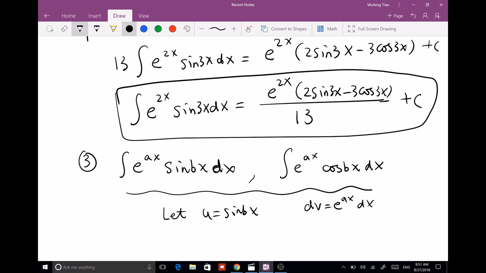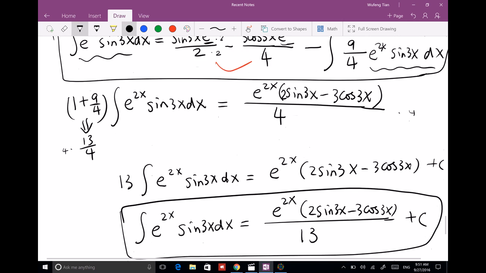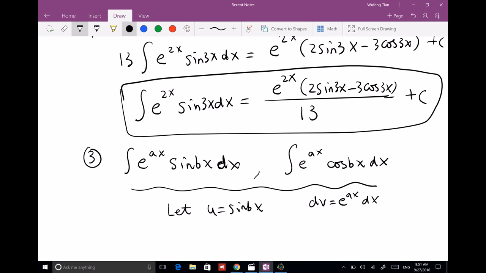It should be pretty simple, very straightforward. One set of u and dv, one side do derivative, other side do antiderivative, plus minus, you are done. Except the last one, where you have one antiderivative that goes back to itself. This is a particular one. You use this method, but we cover that as well. You're going to do more practice.